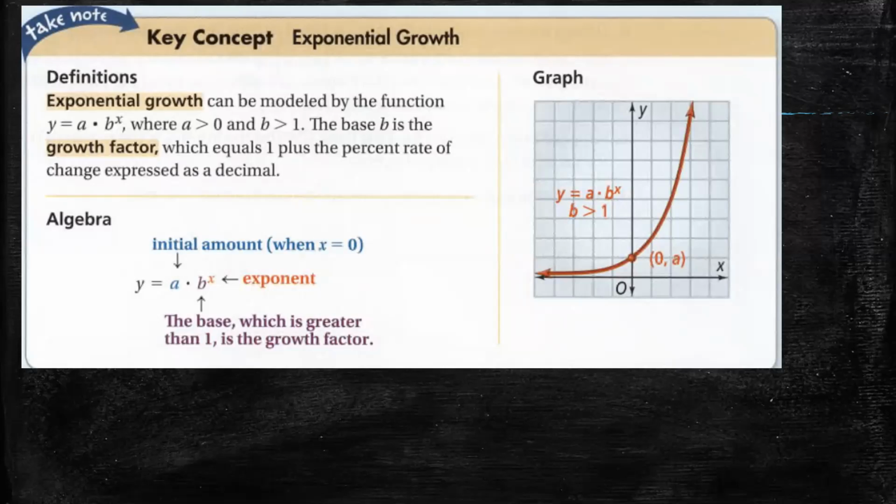So this is the exponential growth, and this is the graph of this function. Be careful, a must be greater than 0 and b must be greater than 1. y equals a times b raised to the power x, and x is an exponent.